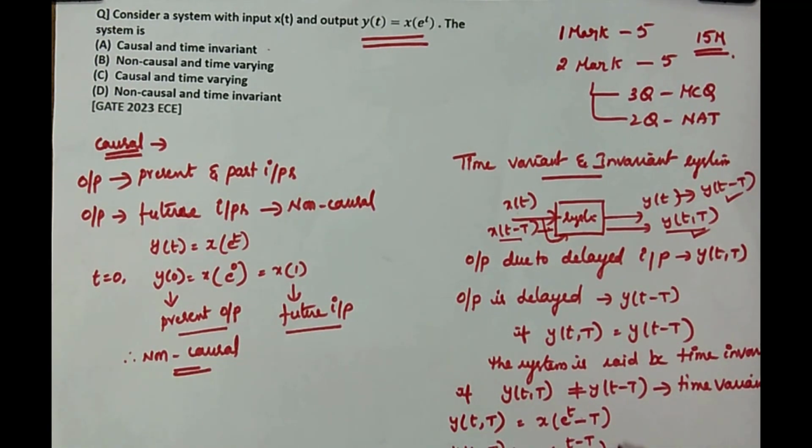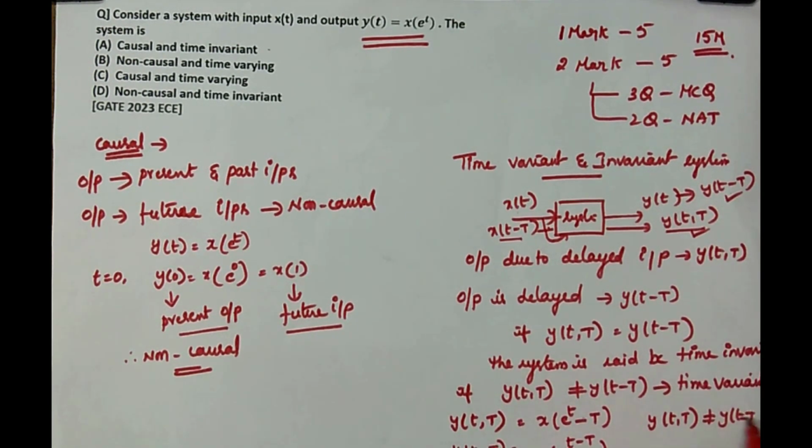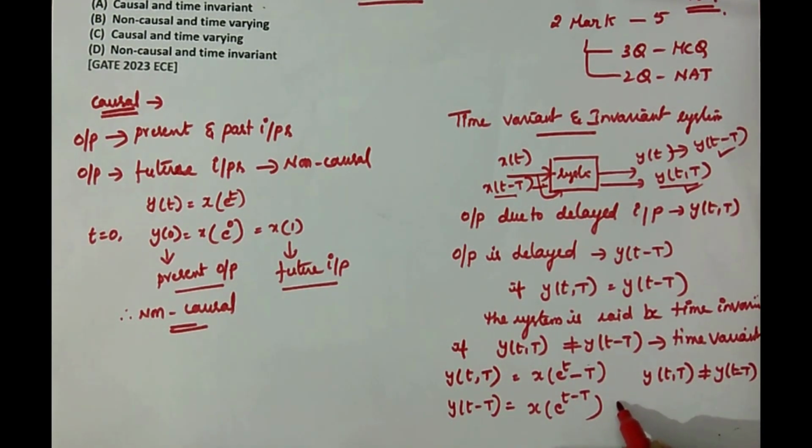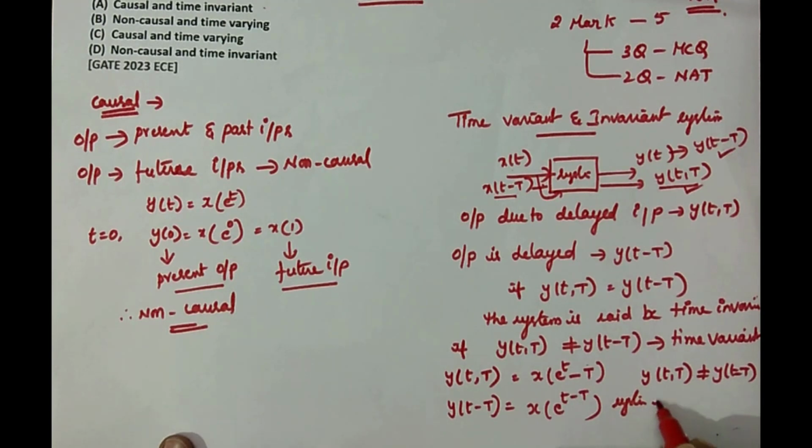So if you observe these two, you can say y of t comma T is not equal to y of t minus T. Hence the system is said to be time variant.